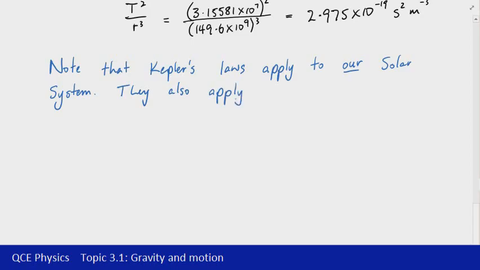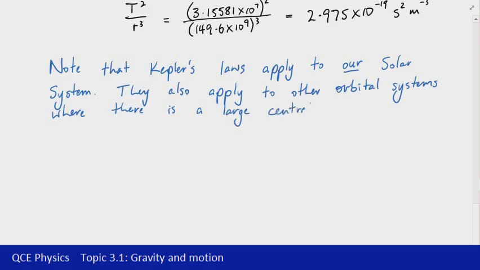By that I mean they apply to other orbital systems where you have a fairly large mass in the middle, a large central body. By large central body we basically mean that the majority of the mass of the orbital system is going to be concentrated in that central body.